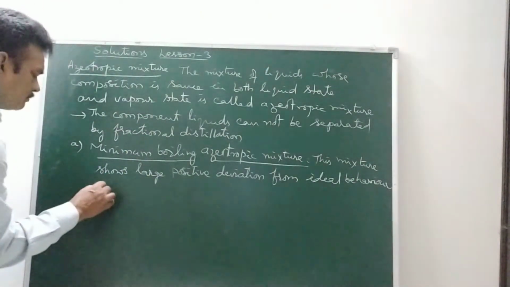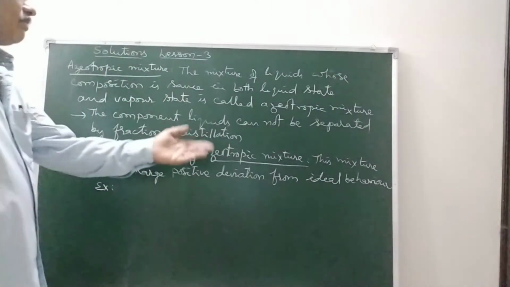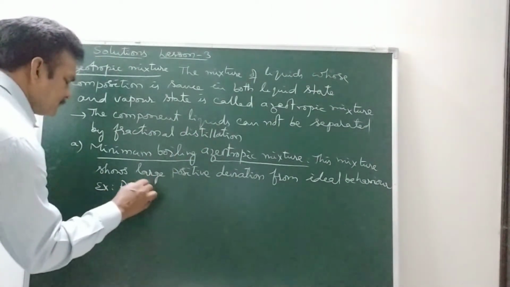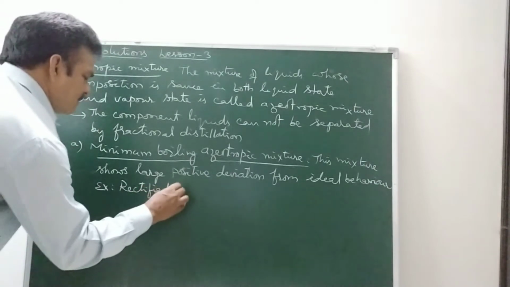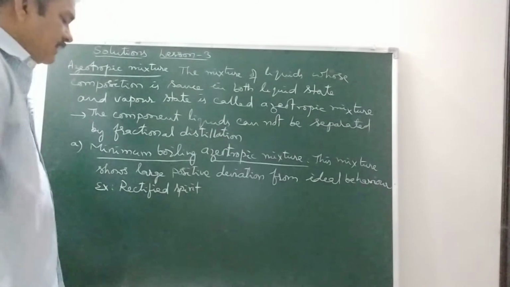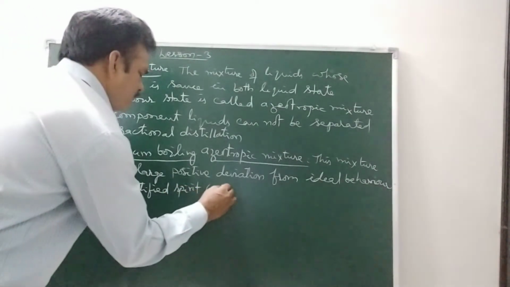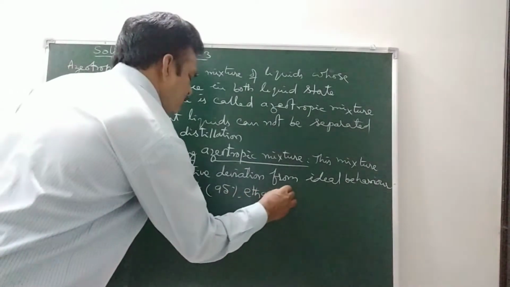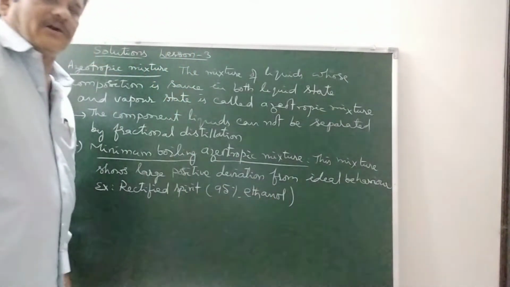For example, a minimum boiling azeotropic mixture is rectified spirit. Rectified spirit is 95% ethyl alcohol.